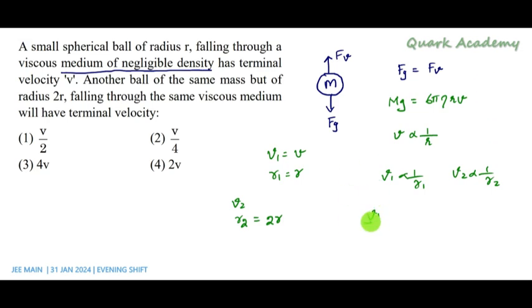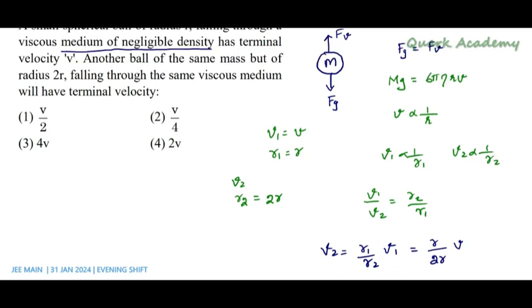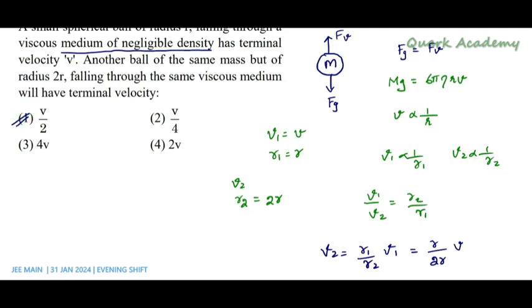So V1 by V2 will be equal to R2 by R1. So V2 equal to R1 by R2 into V1. R1 is R, R2 is 2R, V1 is V. So V2 equal to V by 2. The terminal velocity of the second ball is going to be half of the first ball.